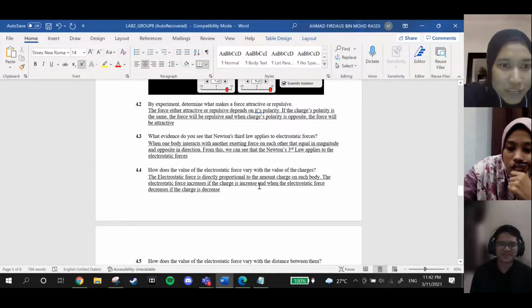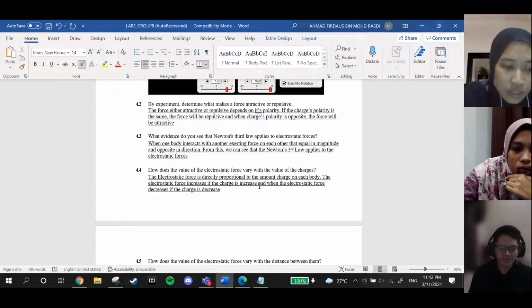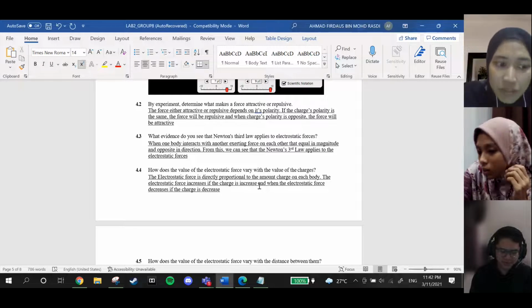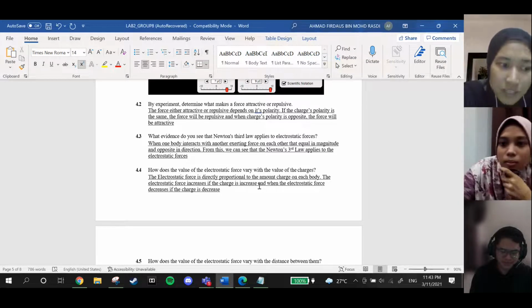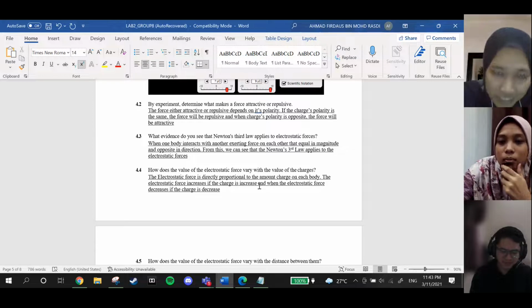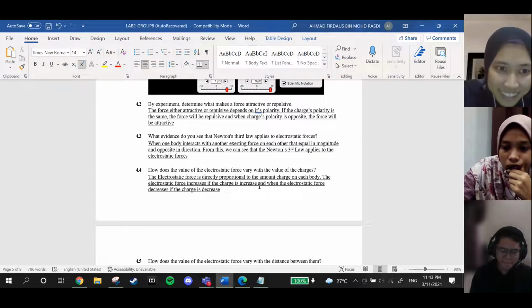Okay, so by the experiment, we can conclude that when the charges are the same, they repulse. Meanwhile, when the charges are different, they attract.